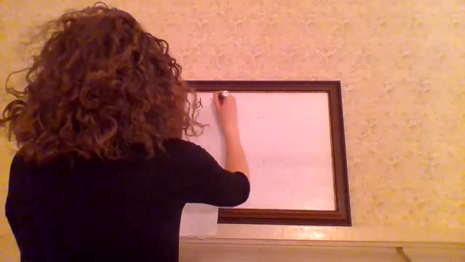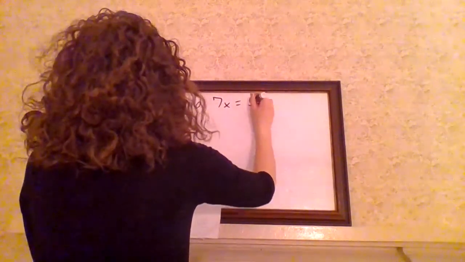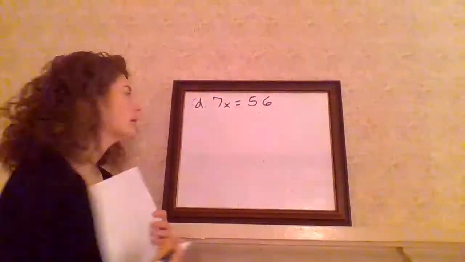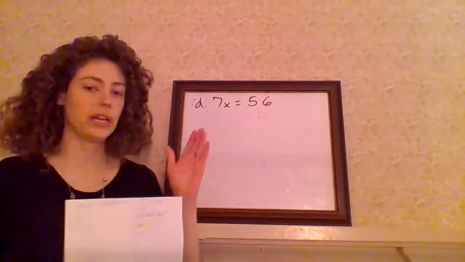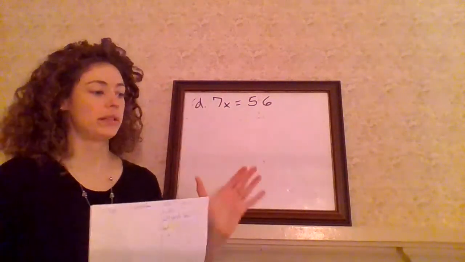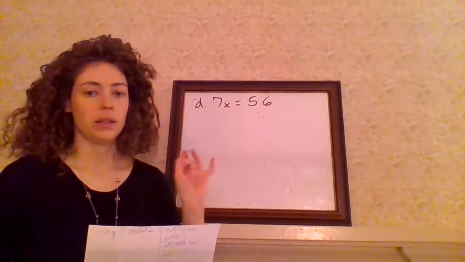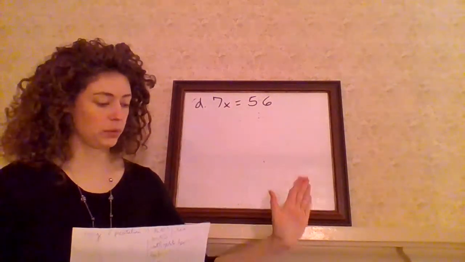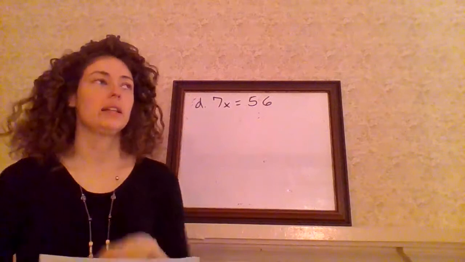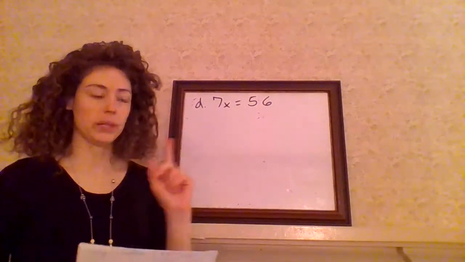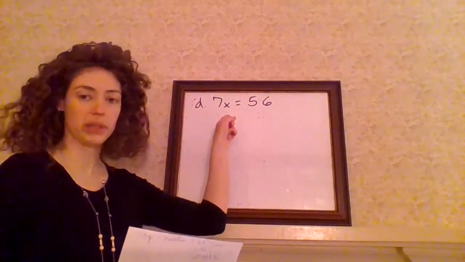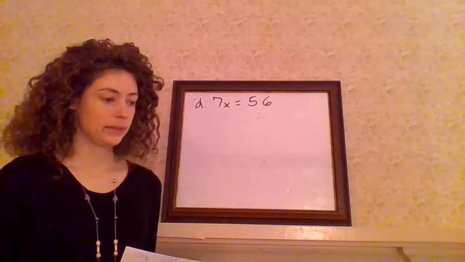So D, 7x equals 56. Let's think about this one with our cups. If we had 7 cups on one side with unit cubes in them, and 7 cups was the same as 56, then what would 1 cup be? And remember that each cup can be thought of as an x.